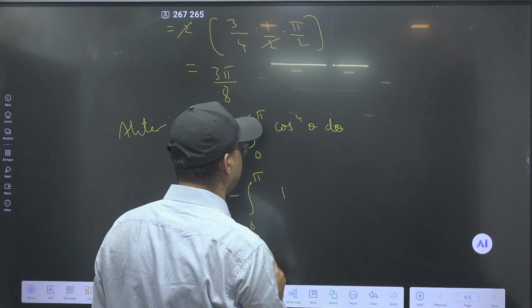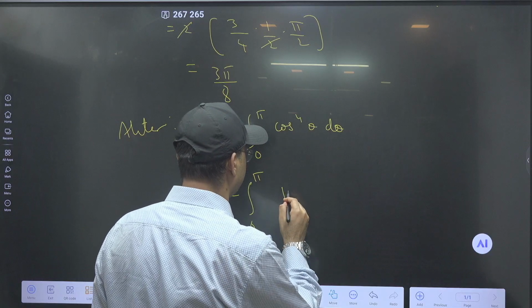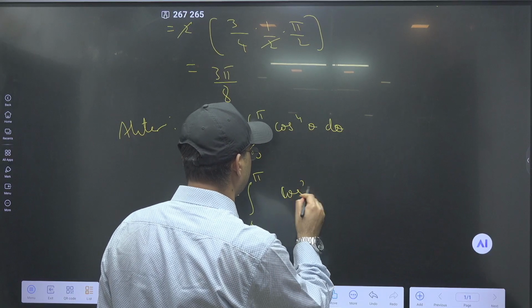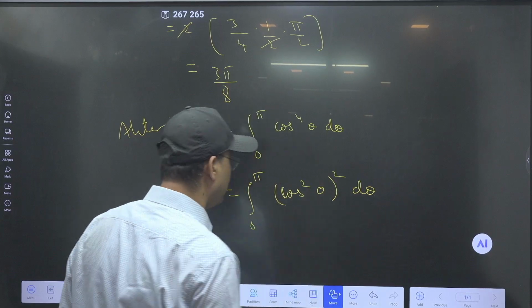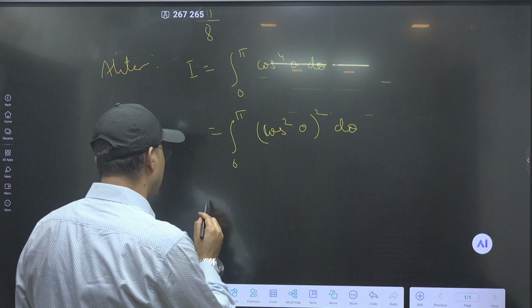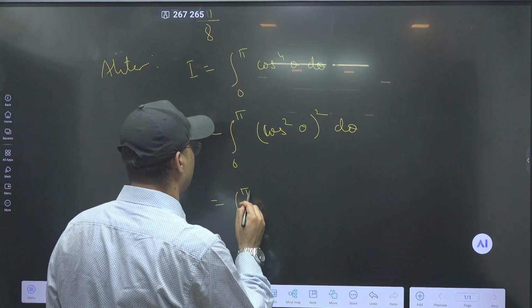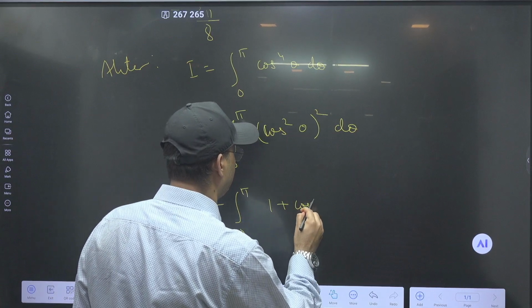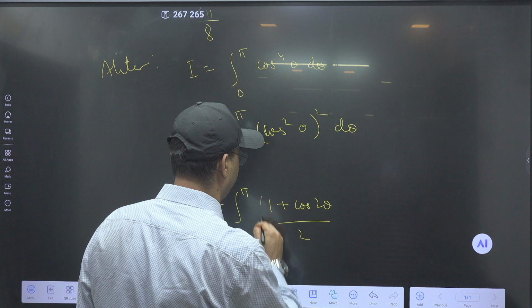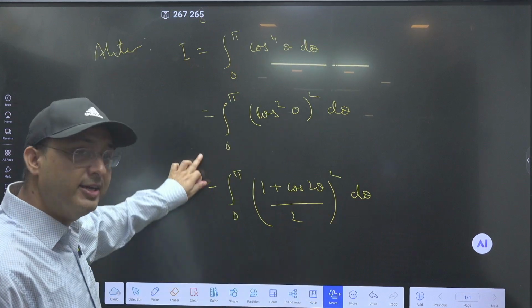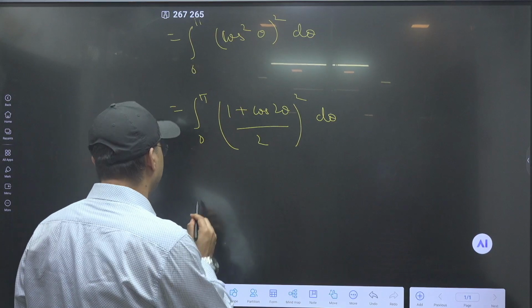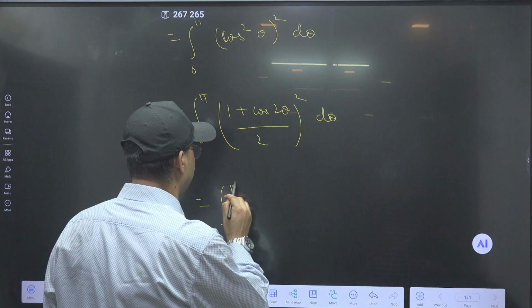I can write this as cos square theta whole square d theta, and I can use this formula, 1 plus cos 2 theta upon 2 whole square d theta. Okay, and if I solve this, I very well get the answer.